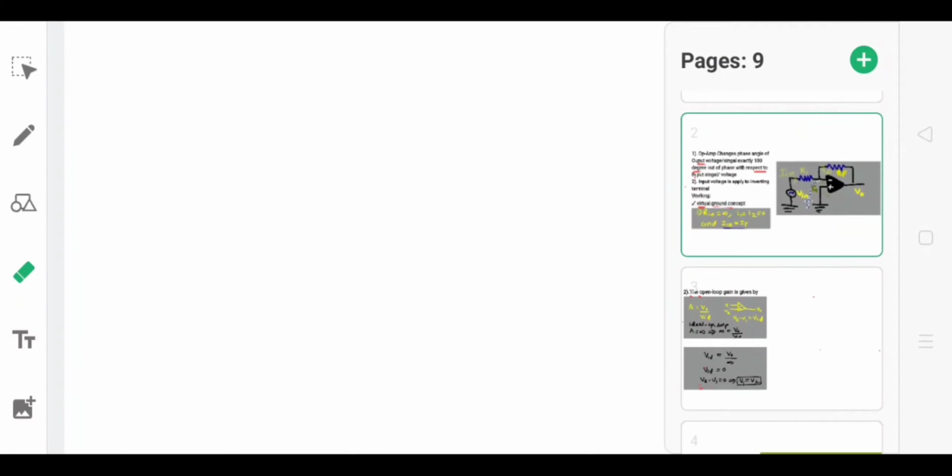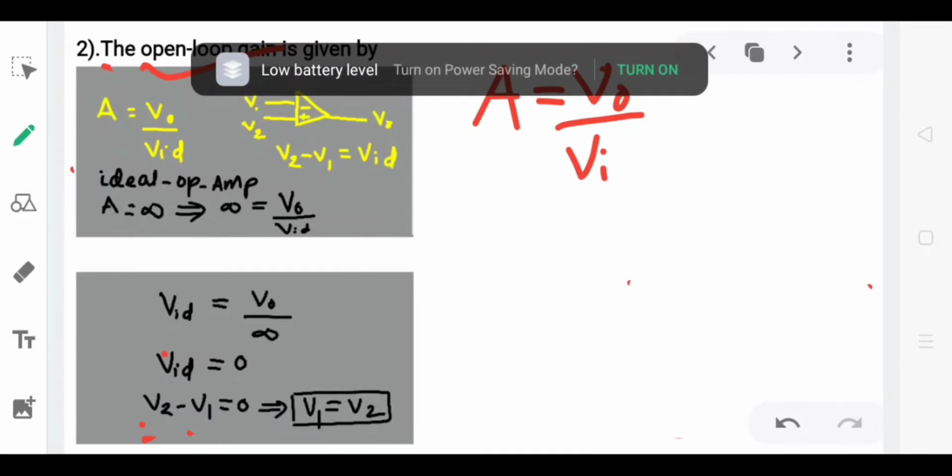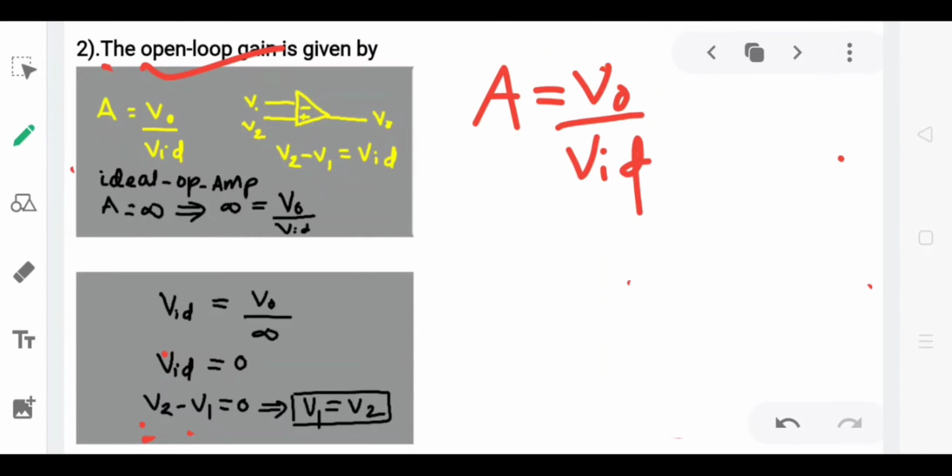Okay, next, open loop gain. Here gain is equal to what? Output voltage by input voltage. In the case of an ideal operational amplifier, gain is infinity.